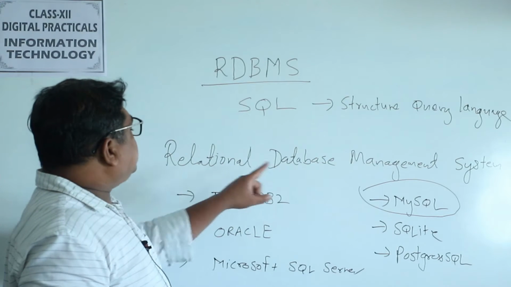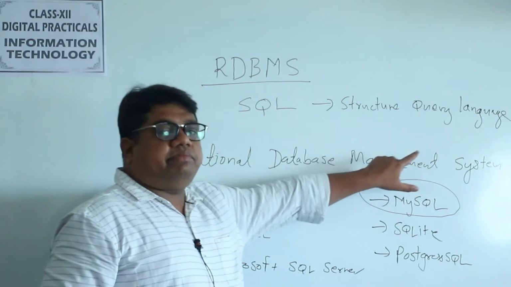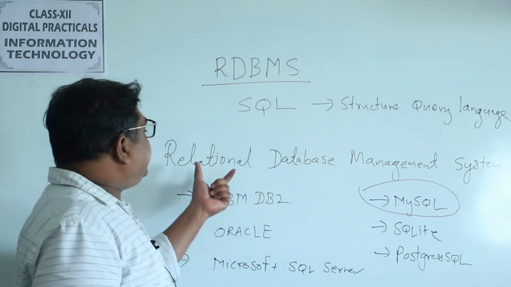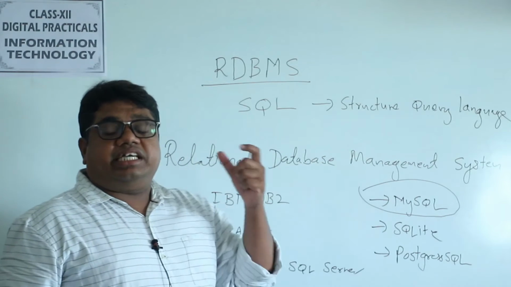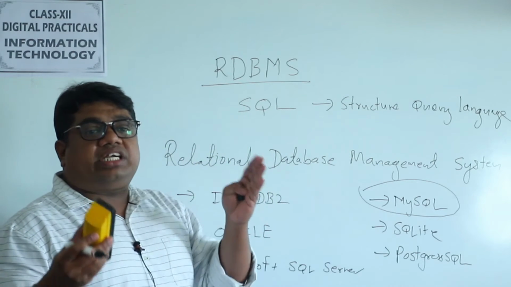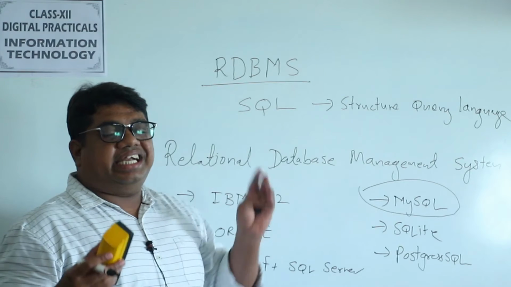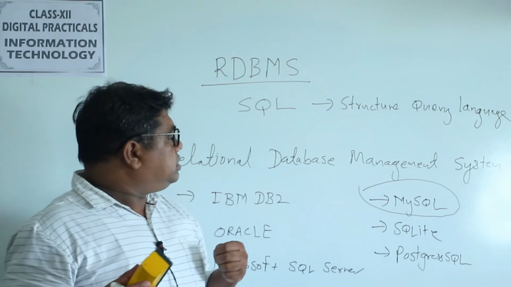And MySQL is a relational database management system. What do you mean by relational database management system? It is nothing but we store data in the form of tables, and a table has rows and columns.